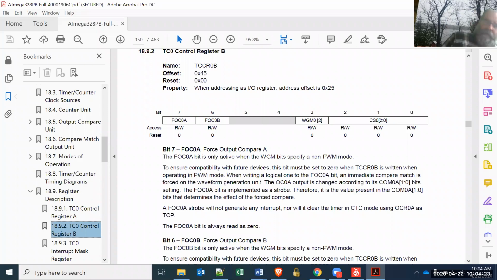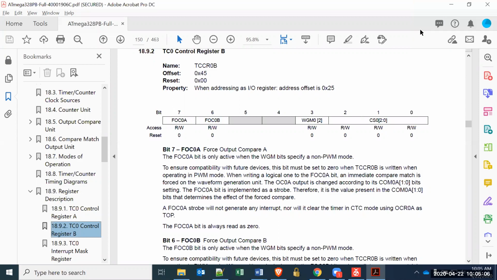Let me get my calculator out here. 250,000. Okay, 250,000, but since I'm generating a wave counting from 0 to 255, I've got to divide that 250,000 by 256 to get the actual frequency.